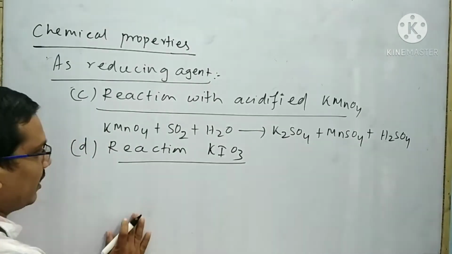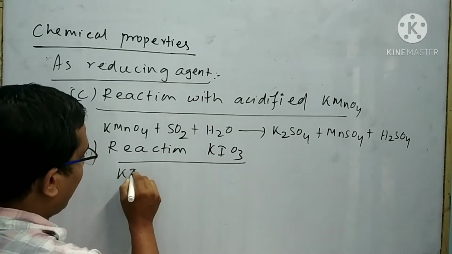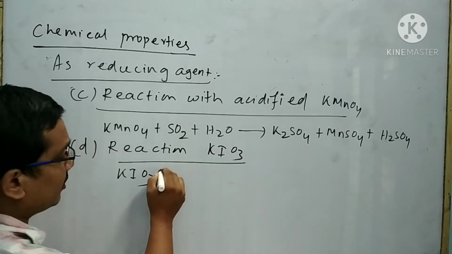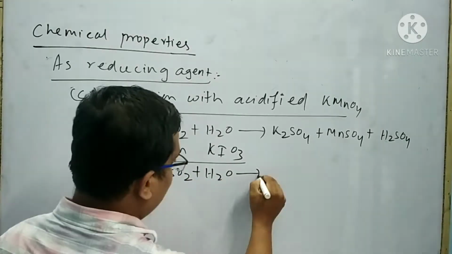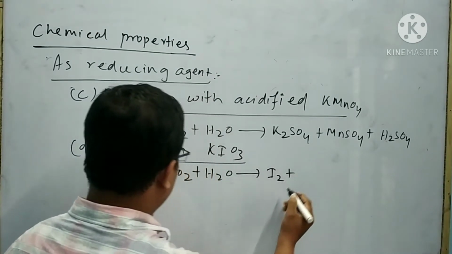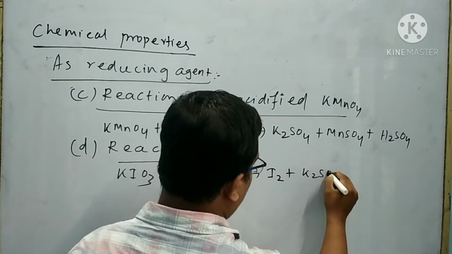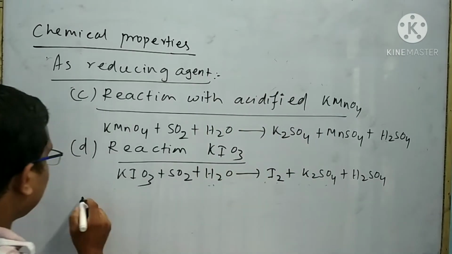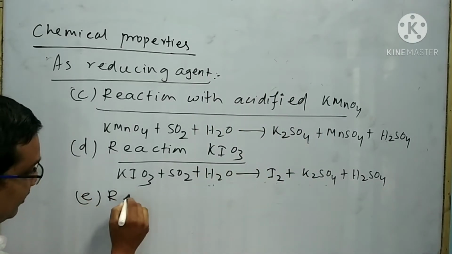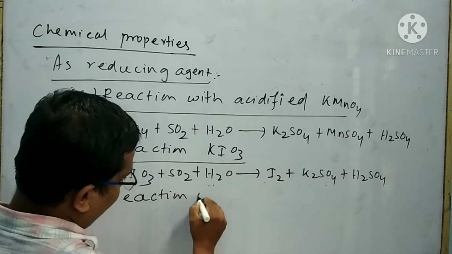Now I can write the reaction like this: KIO3 + SO2 + H2O gives I2 + K2SO4 + H2SO4.